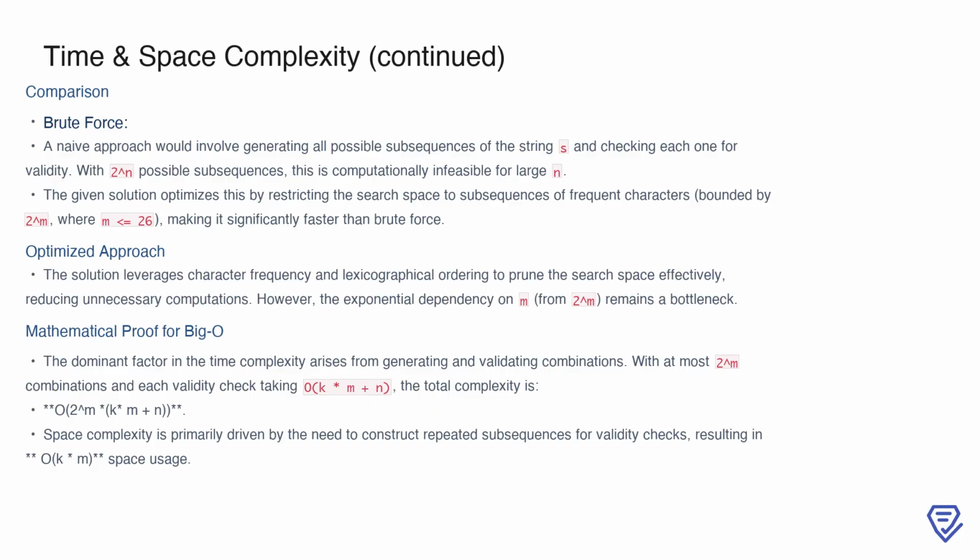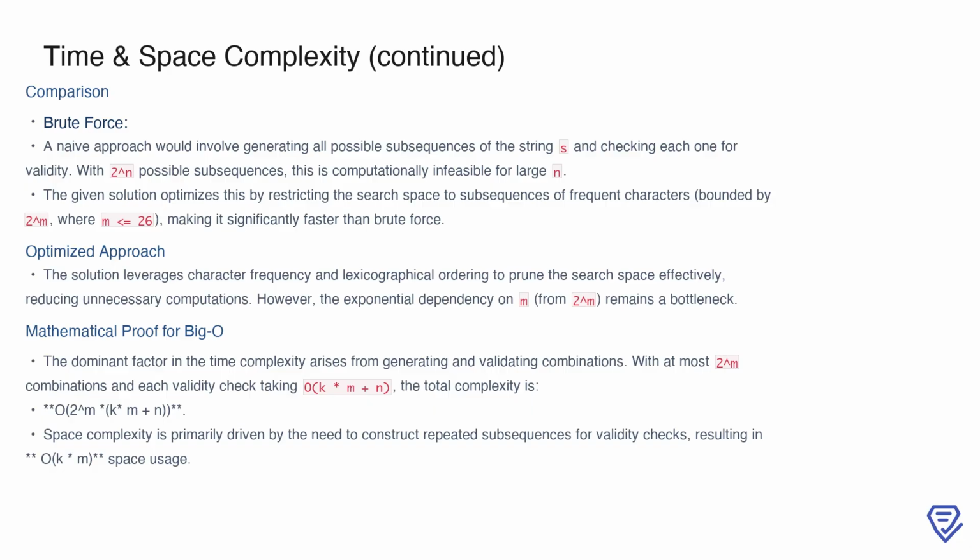Since m is limited to 26, the search space is reduced to 2^m combinations, which is a dramatic improvement. Additionally, the algorithm leverages character frequency and lexicographical ordering to prune unnecessary computations. However, the exponential dependency on m, specifically 2^m, remains a bottleneck.